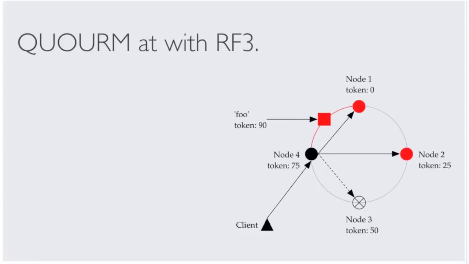When we look at this on our cluster diagram, we can see the client connects to node 4, nodes 1 and 2 are up and running, and in this example, let's say node 3 is down before the request starts. So node 4 knows that it's down. There are some other situations where node 3 might become unavailable after the request has started, and we'll address those shortly.